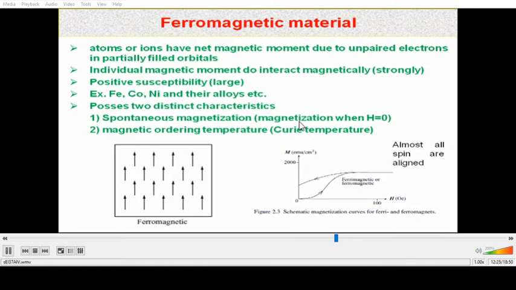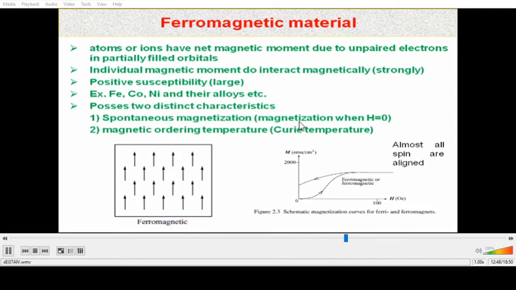So due to strong interaction, every individual spin of a ferromagnetic material tries to align according to its neighbor spin, and hence magnetization without an applied magnetic field will be observed in the case of ferromagnetic material.